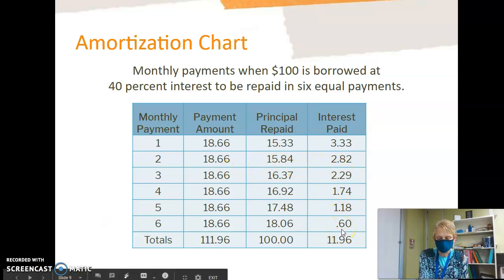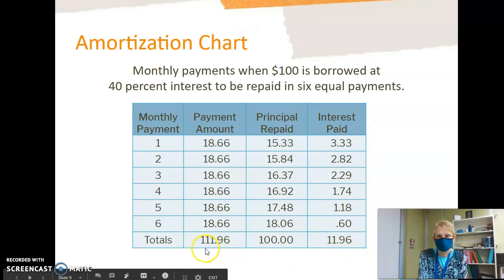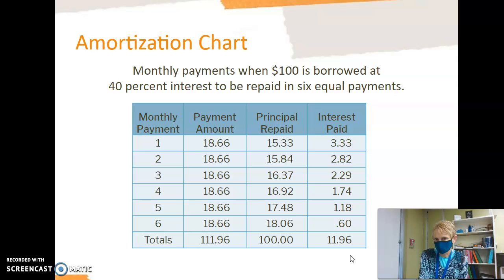It's very depressing to look at one of these for, say, a home loan, because at the beginning, very little of the money is going to the principal. Much more is going to interest. And at the end, they actually end up paying $111.96. So the interest that was paid was $11.96. Not $20, but that was with payments, not all at once.